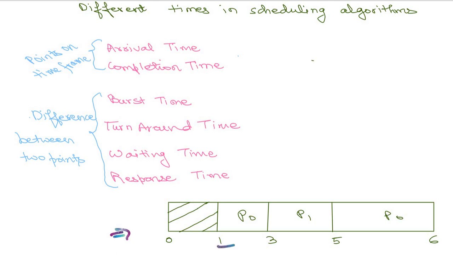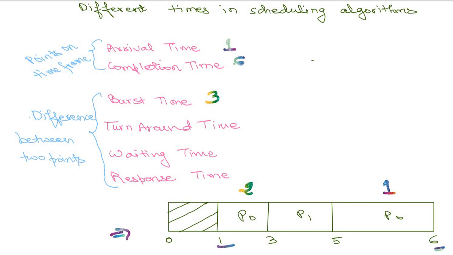Here we can see that it's 1. So the arrival time for P0 would be 1. Then completion time. When do we see that P0 is completed? That's at 6. So the completion time would be 6. Now burst time is basically the time taken by the process on the CPU. Here we can see that in the first section it takes 3 minus 1 is equal to 2 time units, and in the second it takes 6 minus 5 is equal to 1. So 2 plus 1 gets 3. So the burst time for P0 would be 3.